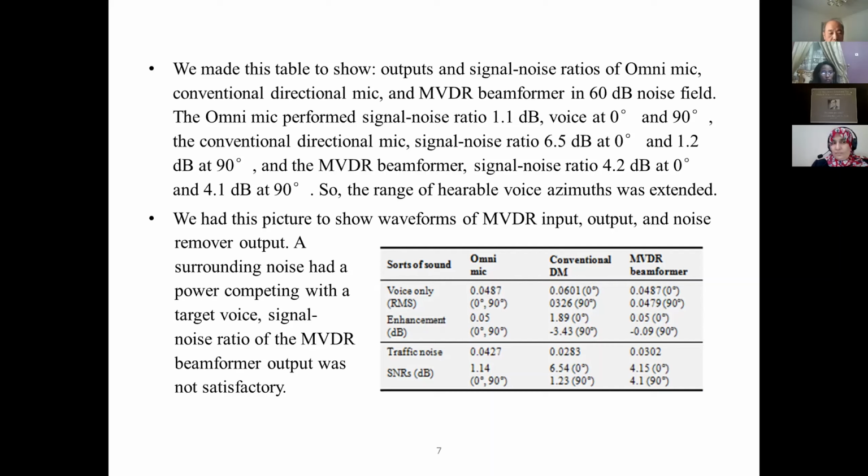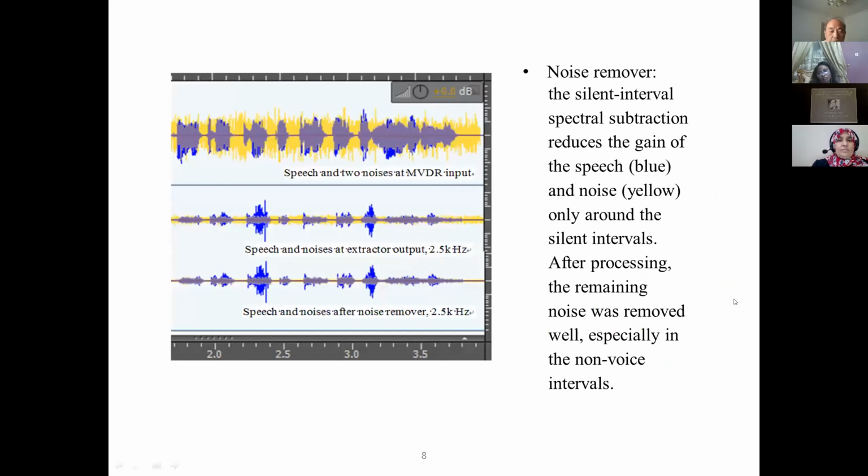Signal noise ratio of the MVDR beamformer output was not satisfactory. You can see just 4 dB signal noise ratio. That's not big enough to listen to the speech. So we have the noise remover.